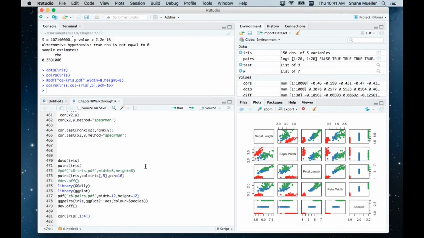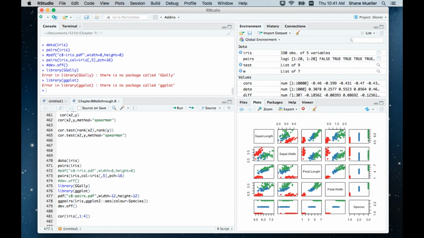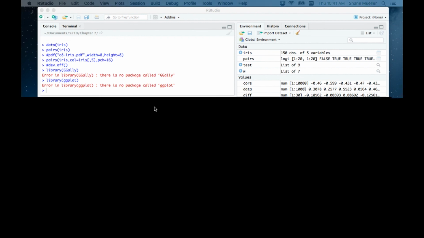In fact, if you load the GGally and the ggplot functions, which I don't even have on this computer, you can get a really cool looking visualization, and I'll just bring it up from the book so I don't have to load those.